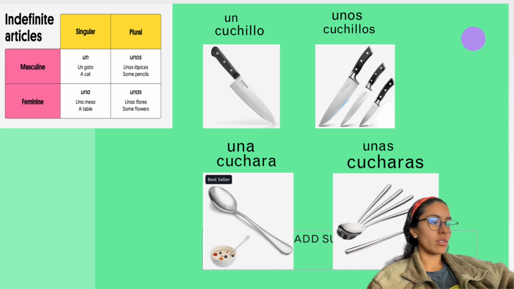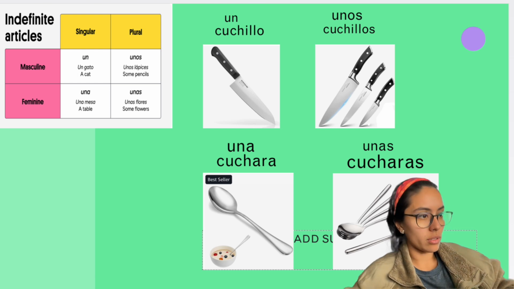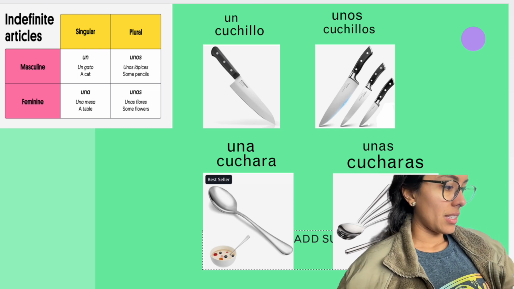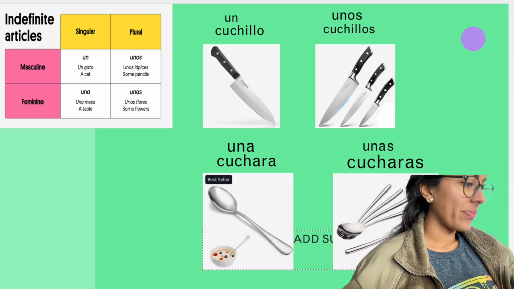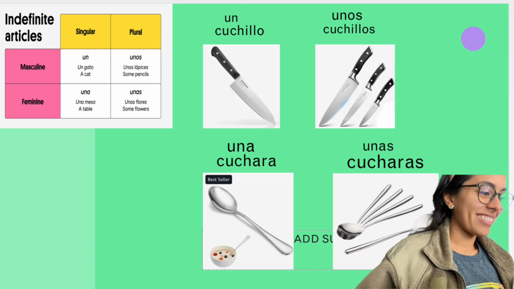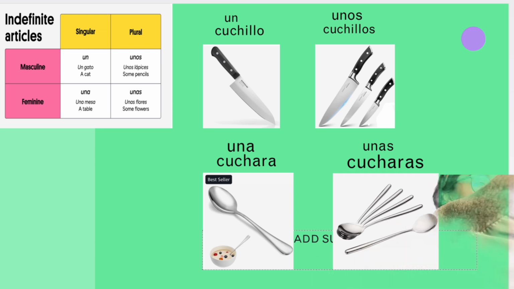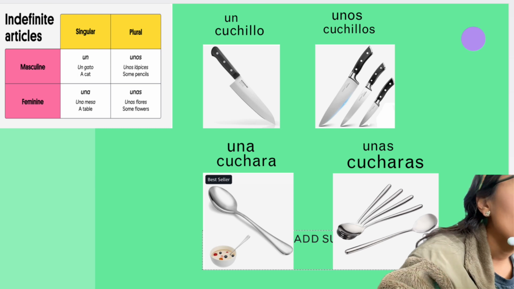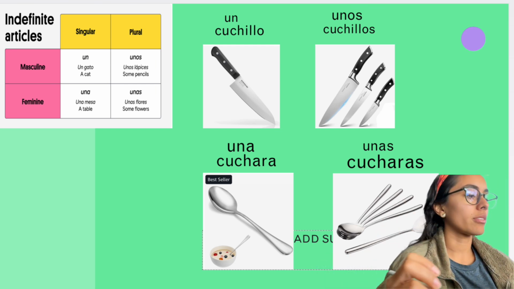Same order as before. We go with Crystal and husband. You first. Un cuchillo. Sorry, starting over. Un cuchillo. Unos cuchillos. Okay, great. Husband. Un cuchillo, unos cuchillos. Very good.